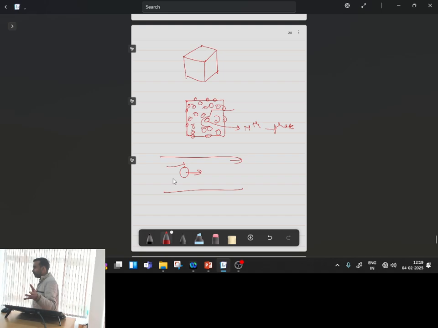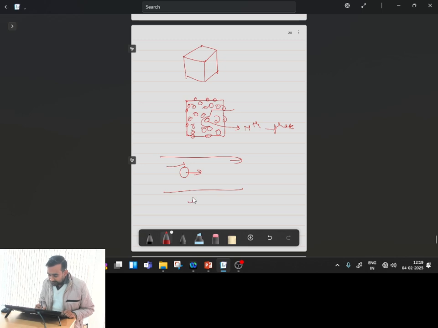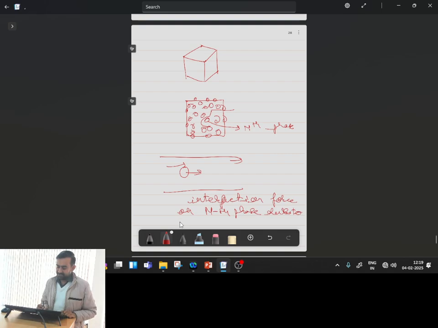So whenever fluid flows, and in that fluid flow you have put some particle, that particle will experience some force because of the surrounding fluid medium. Okay, so that force is called the interaction force on nth phase due to surrounding phases.